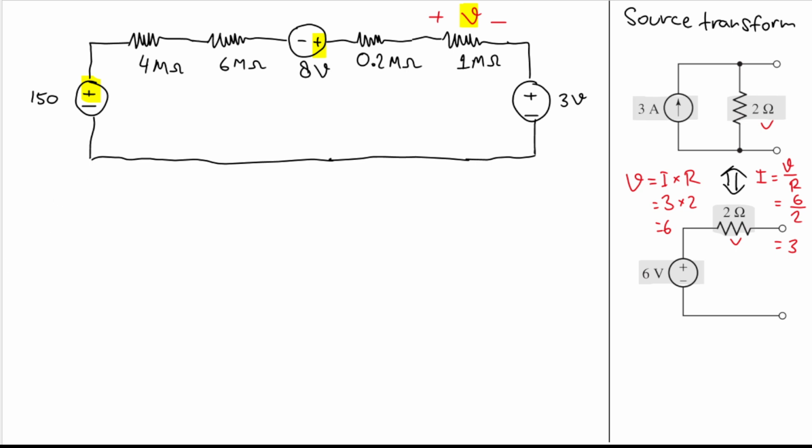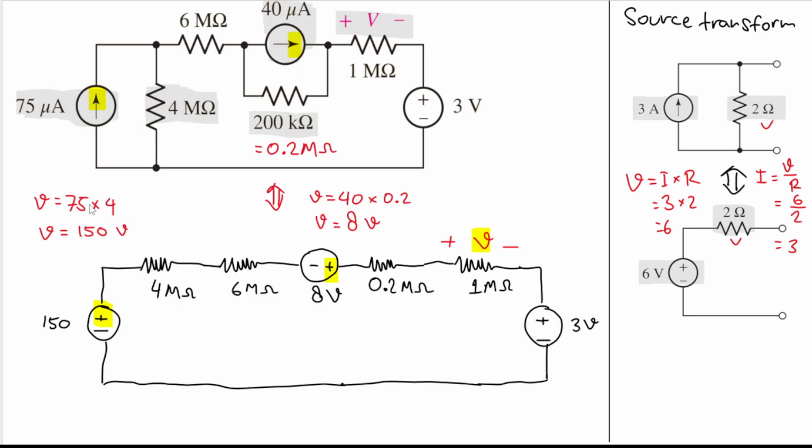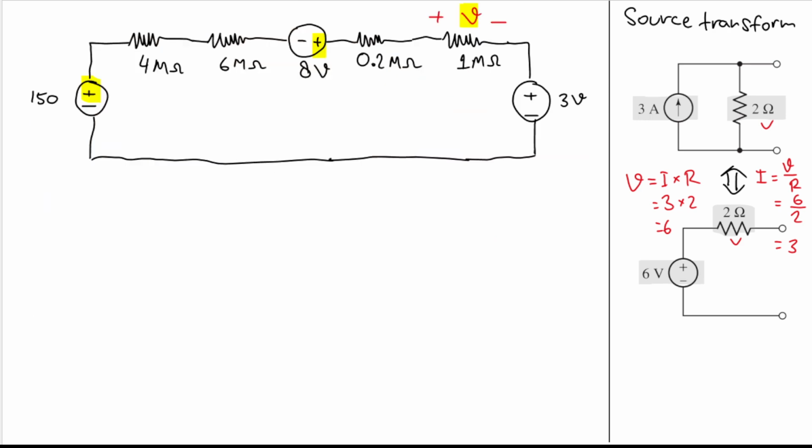Let's check if we made some mistakes. 75 times 4 is not 150. That is 300. Okay, so I think I made some mistakes here, so we will have 300 here. Let's change that into 300 here. So we have 300 volt, and so in our circuit here, I will have 300, right?